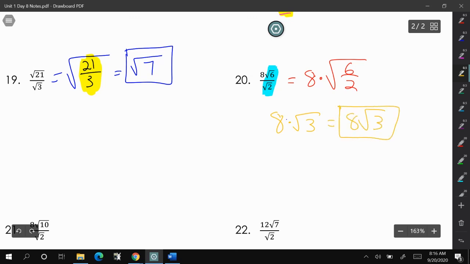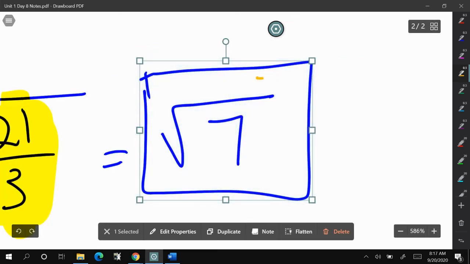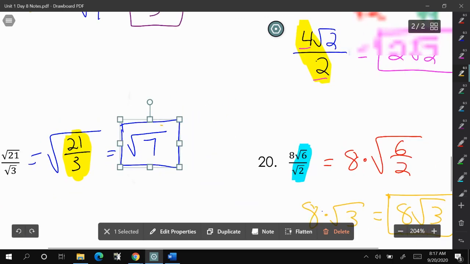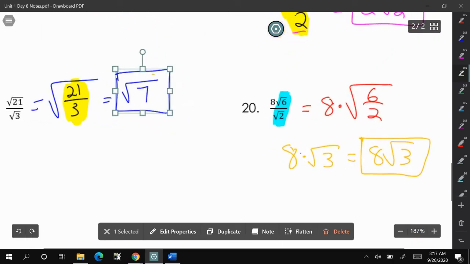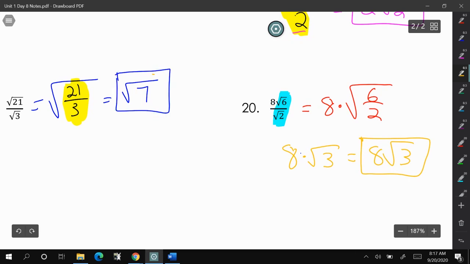And that is your answer. Again, you could have rationalized it, but it would have been a little bit more work. And also notice that I'm not dividing the 8 here. I didn't divide this 8 by 2 as well, because 8 is not under the square root symbol.